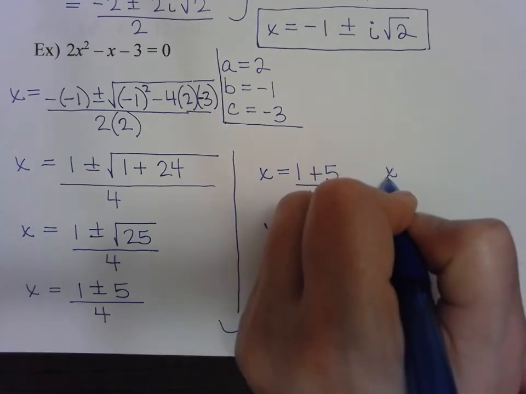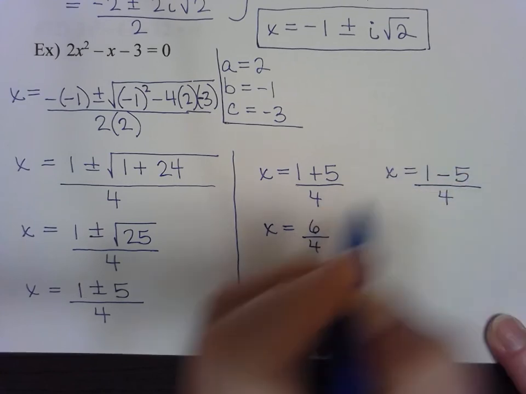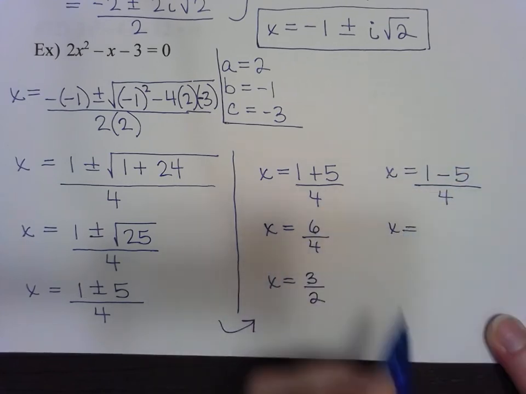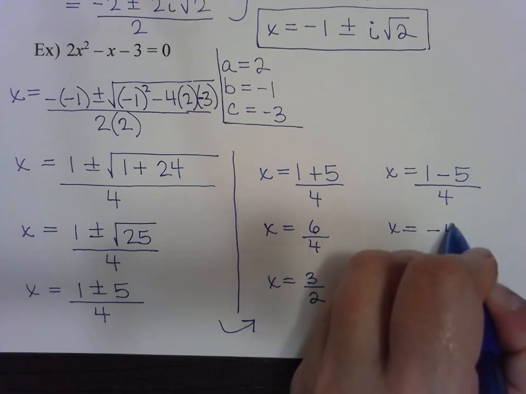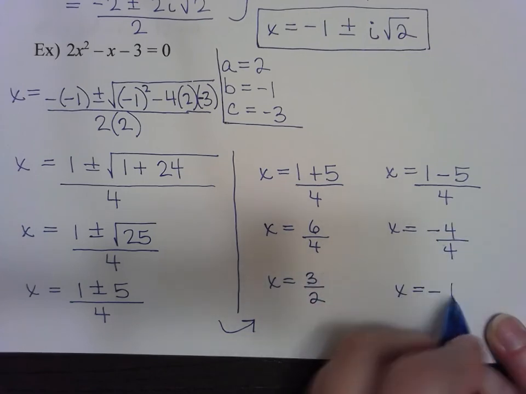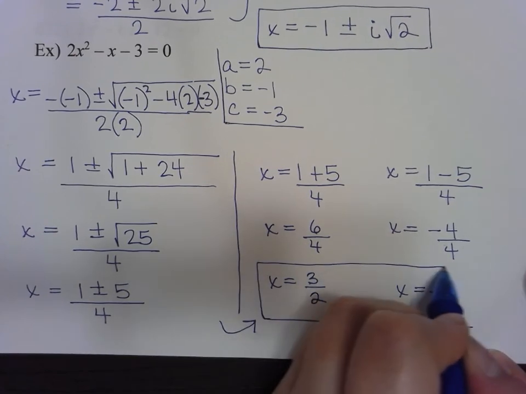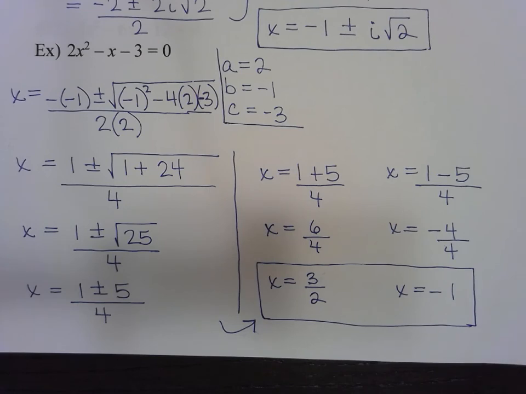And I have 1 minus 5 over 4, which would be negative 4 over 4, or negative 1. These would be my 2 answers.